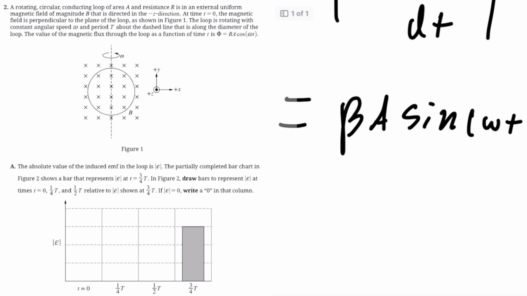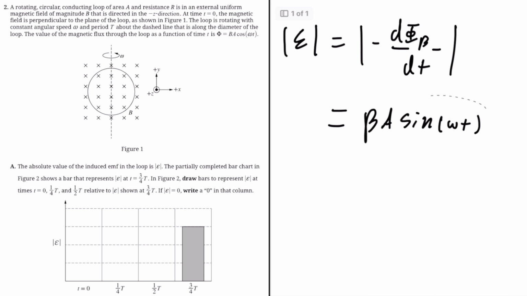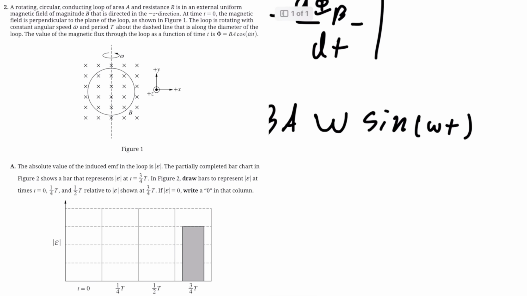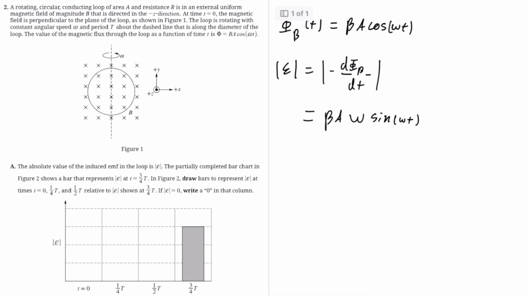So it's going to be sine wt, and then times w because of the chain rule. So now this is our equation.